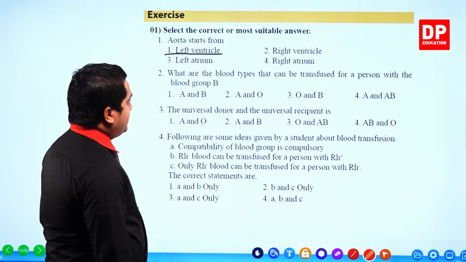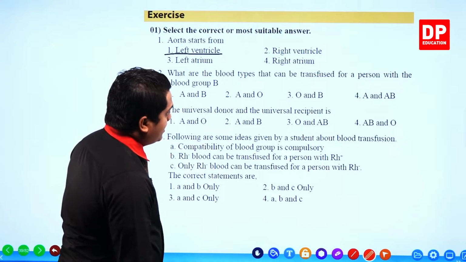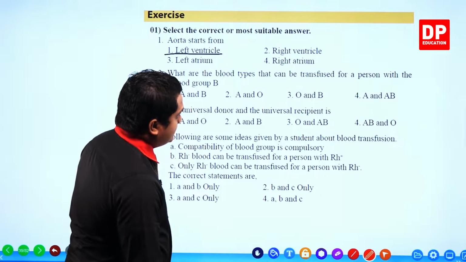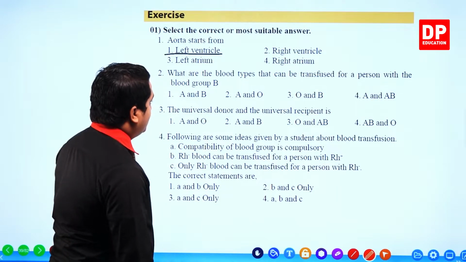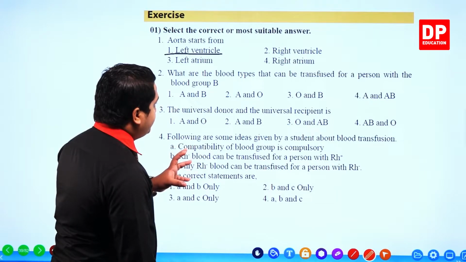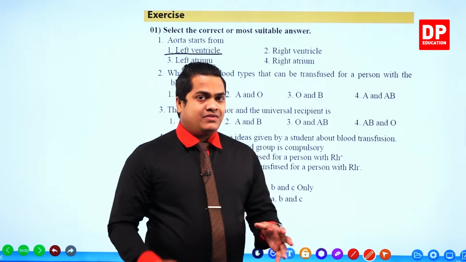What are the blood types that can be transfused for a person with the blood group B? What are the blood types that can be transfused? So transfusion means given.